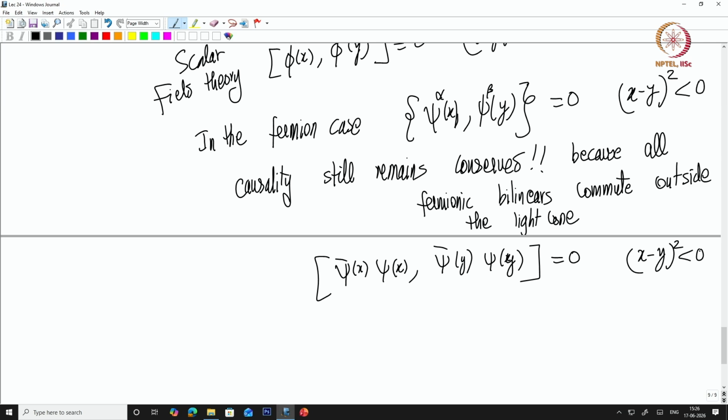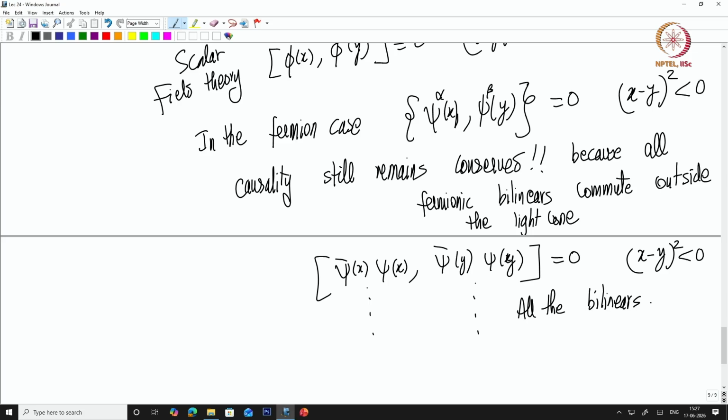I hope you're getting the point that we want the commutator to vanish in terms of the fields, but it doesn't really matter for fermions, because you cannot make any observable from the fields alone. What matters are the bilinears through which you can make all observables, and they commute outside the light cone.